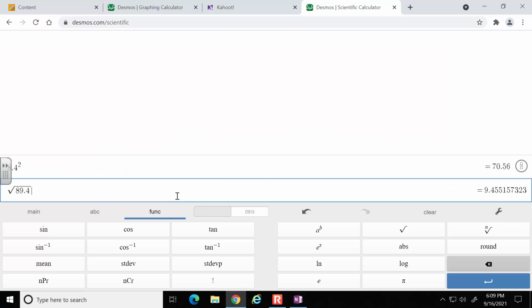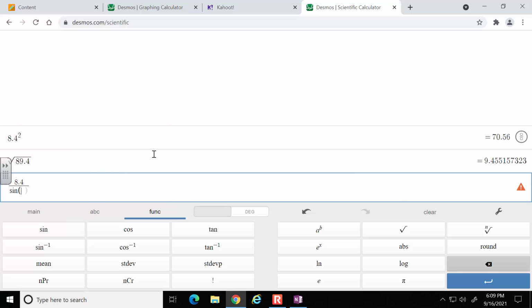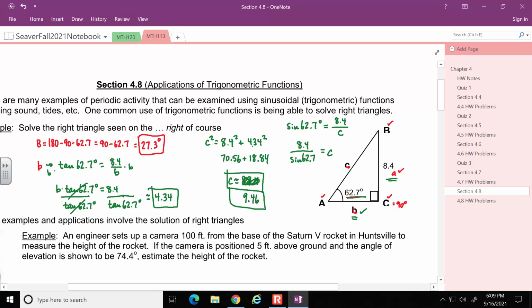So let's make sure we get the same thing here, though. Let's see, 8.4 divided by sine 62.7, I think. 9.45. Okay. So I will recommend one thing: if you're writing down these decimal places like we did here, 70.56, 18.84, I would recommend keeping at least 3, probably 5 decimal places or so if you can.